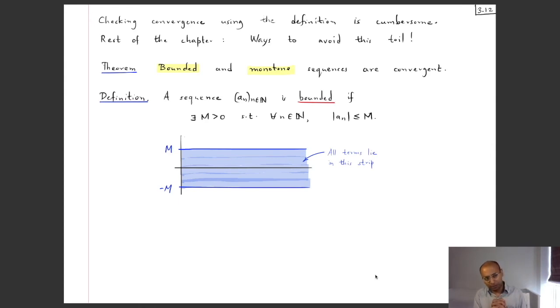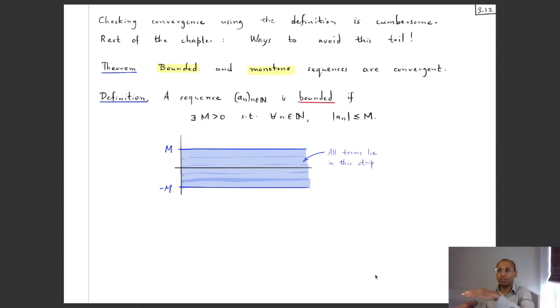Things like that. So one example of such a theorem, which we will soon show, is that if a sequence has the properties that it's bounded and that it's monotone, then it's convergent. Right now we don't know what bounded means and what monotone means. Bounded roughly means that the terms of the sequence don't grow without bound. They can be bounded by some top value and some value below.